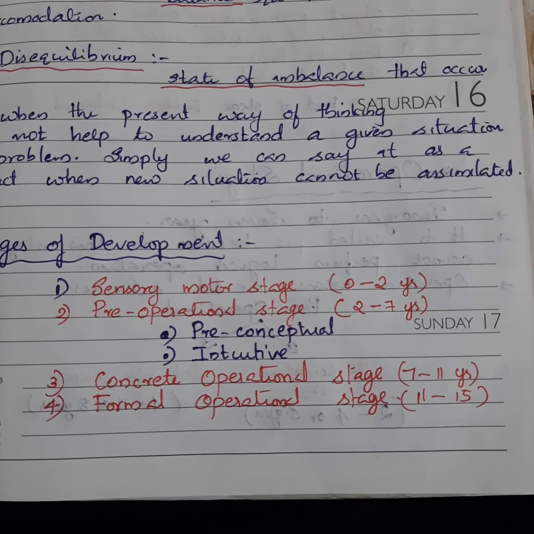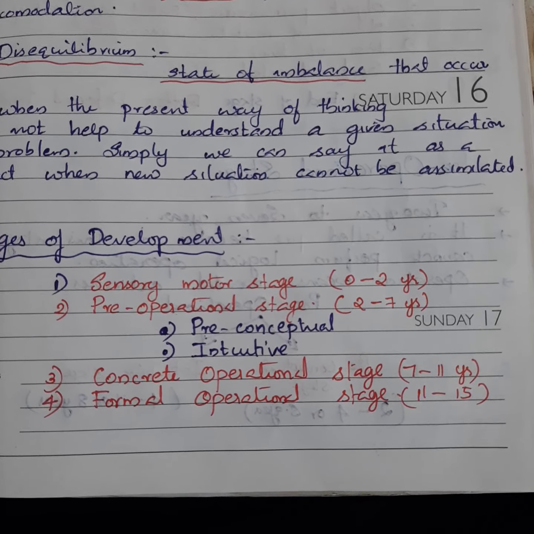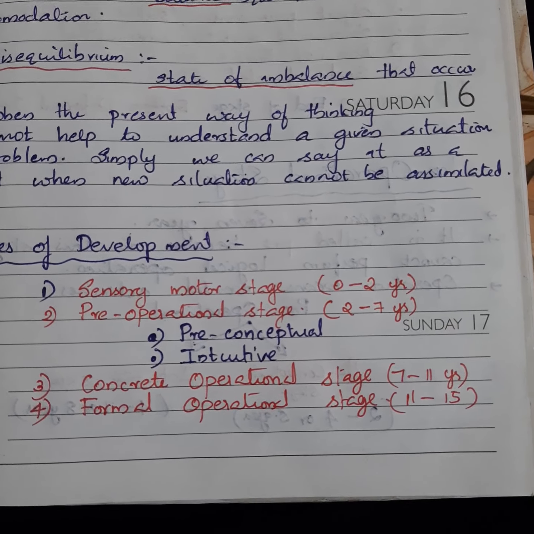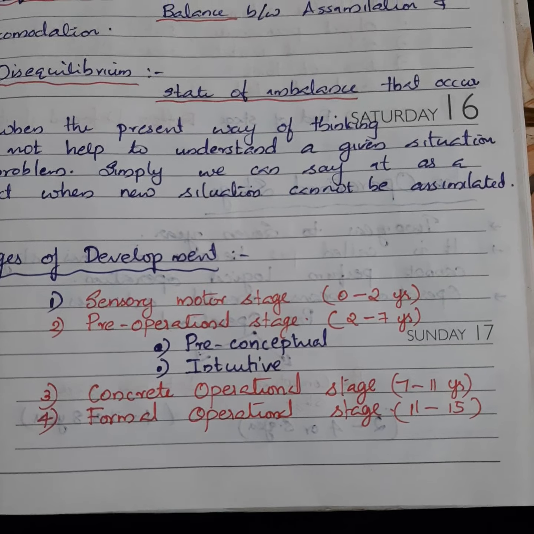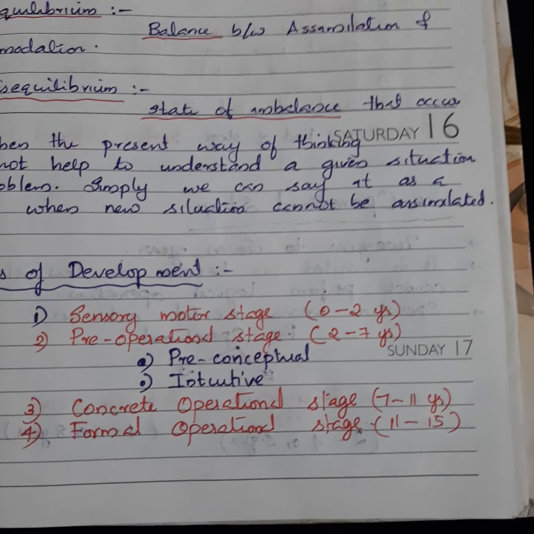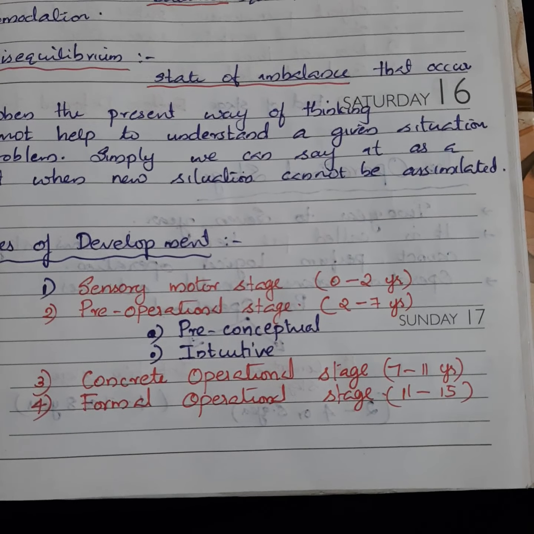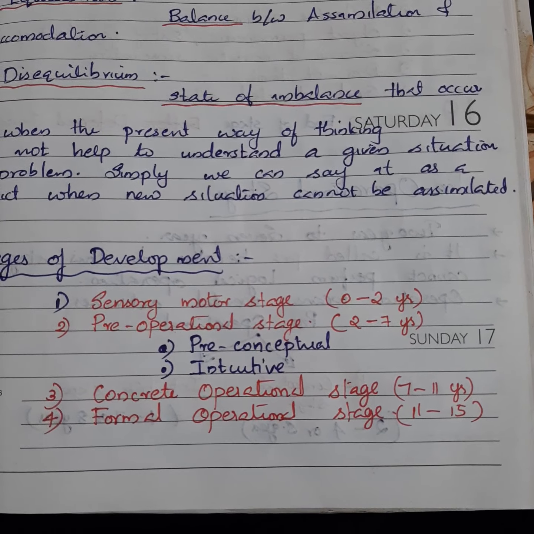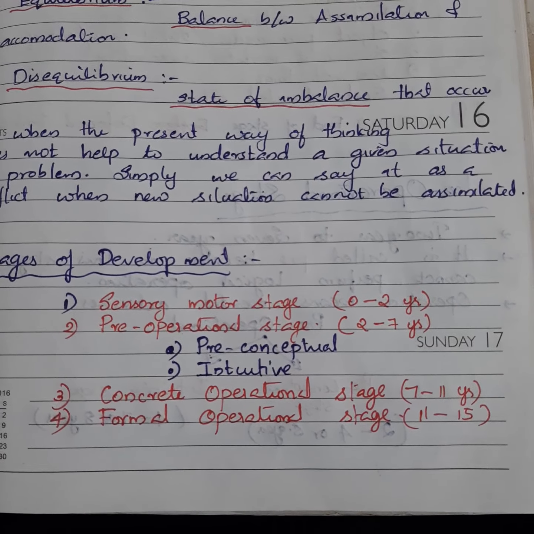Third stage is concrete operational stage, that is 7 years to 11 years. Last one is the formal operational stage, and the duration is 11 years to 15 years. Now let's learn about these stages in detail.